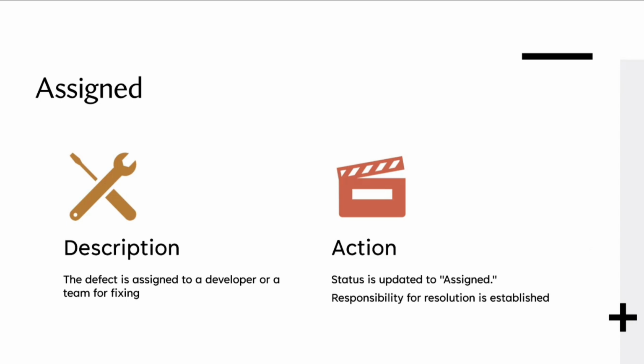Another is assigned. Assigned means the defect is assigned to a particular developer or development team for fixing, and this status represents that a developer is working on that defect.